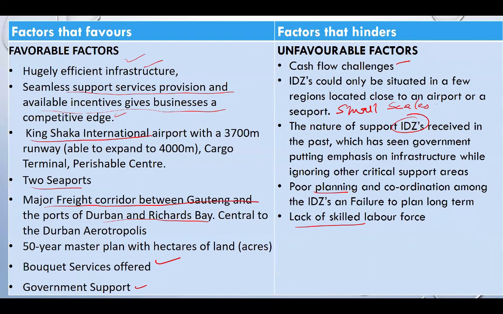Number two, choose the shorter ones. You can say the two seaports ensure that there is enough export and import of goods there. Then we choose another short one. There is government support which provides money, or incentives for the industries in the area. So just choose any three short ones that we can get there.